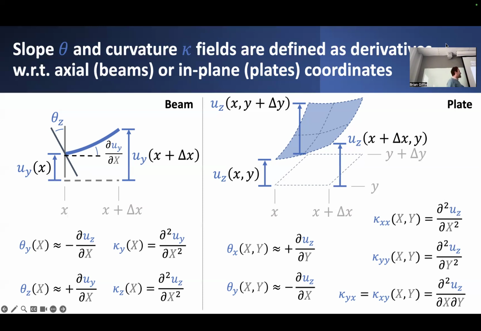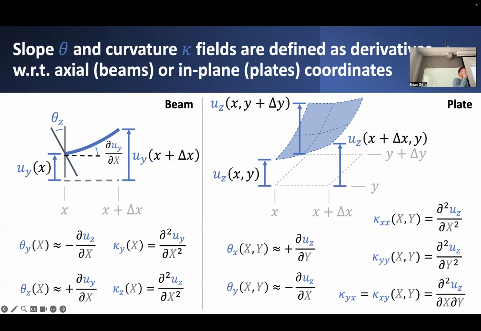And I could do that not just for displacement in the y direction, but also displacement in the transverse z direction as well. So really, there are two components of curvature that I would have to look at for a beam: curvature relative to displacements in the y direction and curvature relative to displacements in the z direction, the two transverse directions.